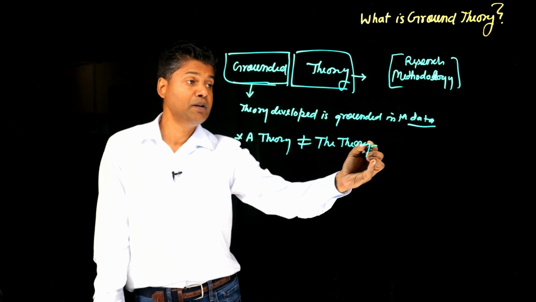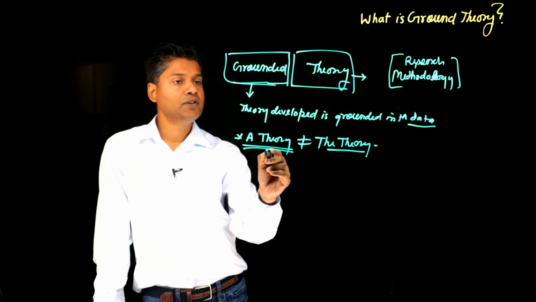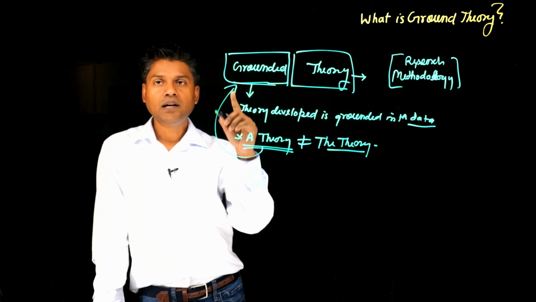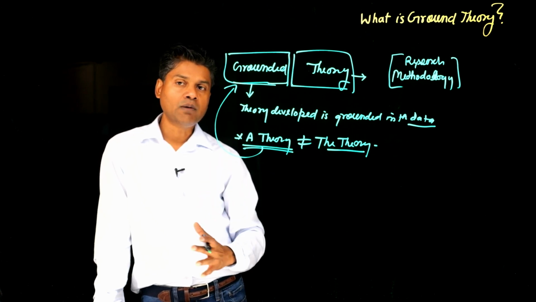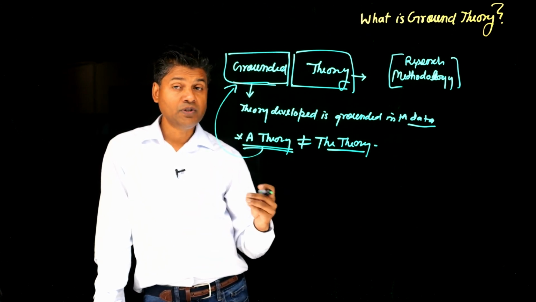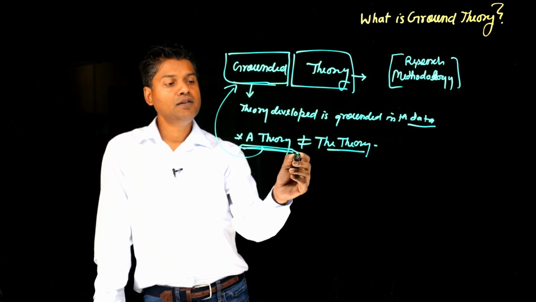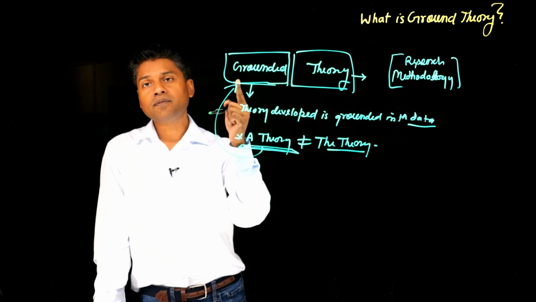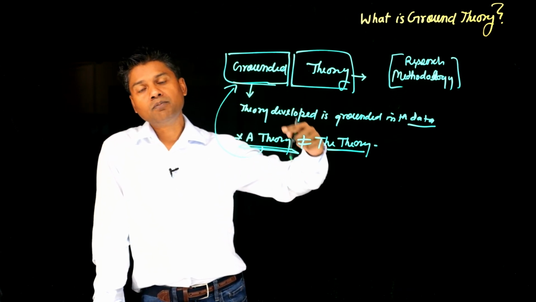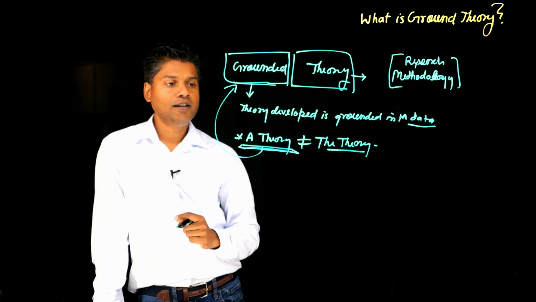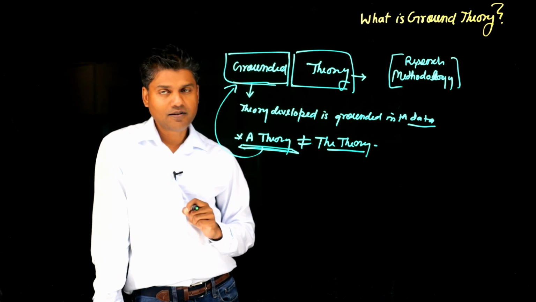Again, it means the theory is grounded in the data you have collected. It is a framework that only explains the data you have collected, the data you have used as the ground to develop that theory. So grounded theory develops a theory, not the theory.